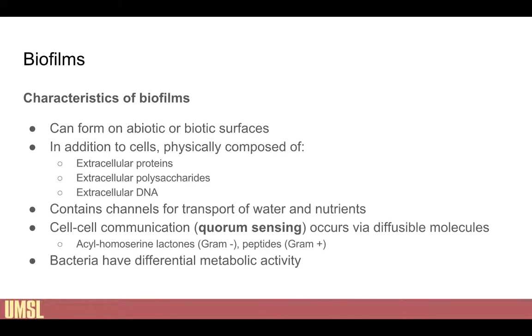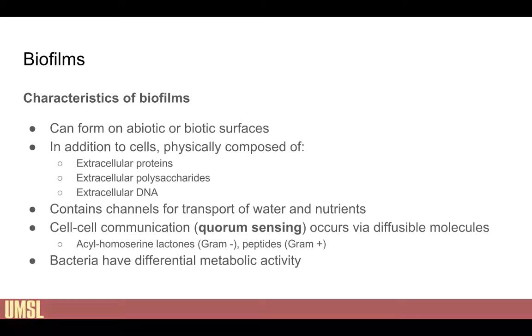And these structures, as they develop, begin to have multicellular properties in some cases, and they'll begin to contain channels for water and nutrients to diffuse into parts of these biofilms, and cell-cell communication is a major player. If you took microbiology with me, I spent a bit of time talking about quorum sensing.